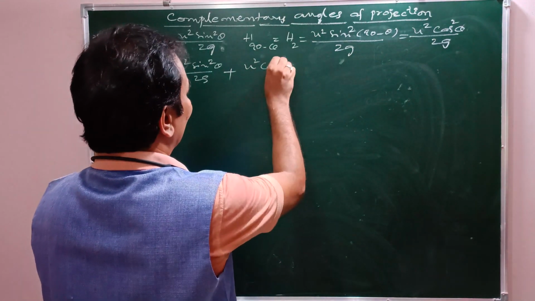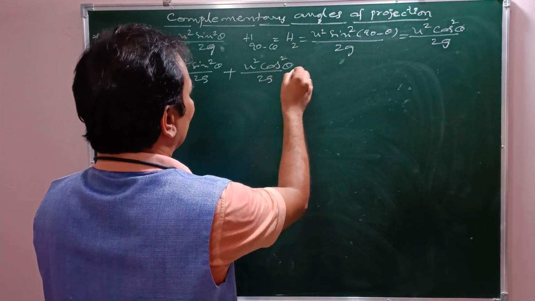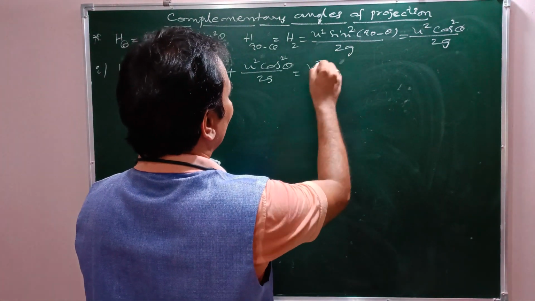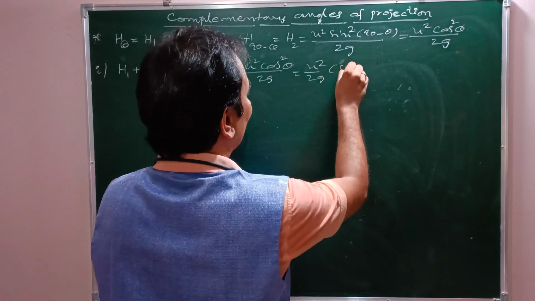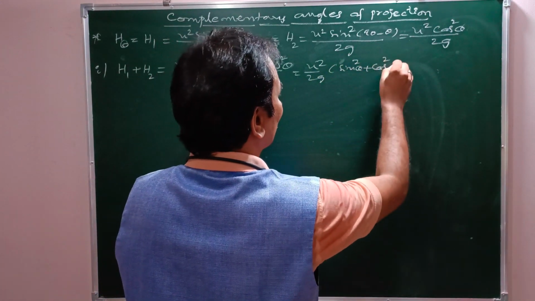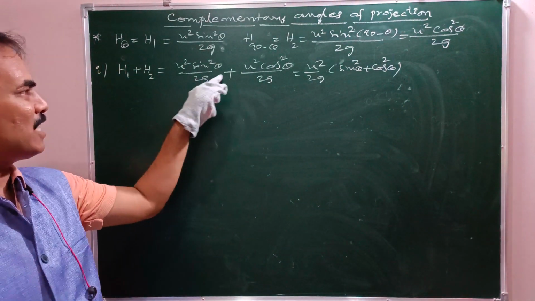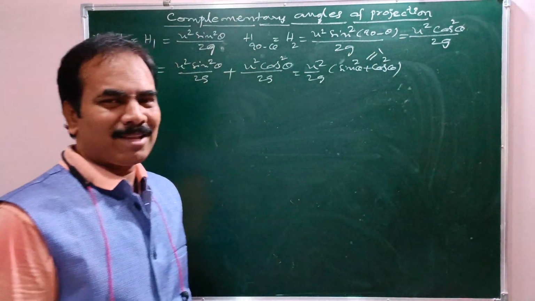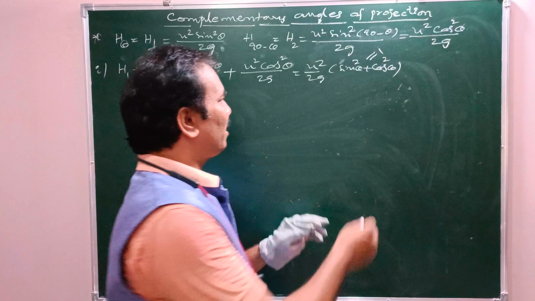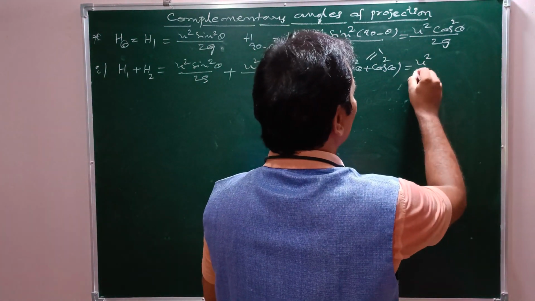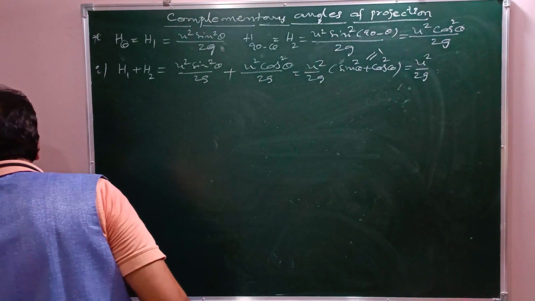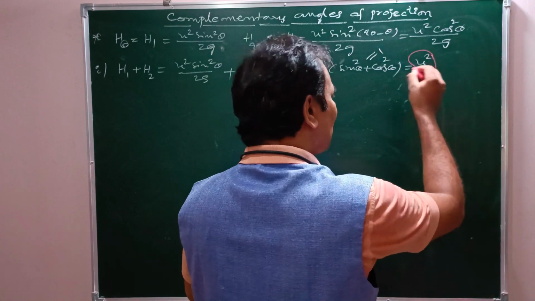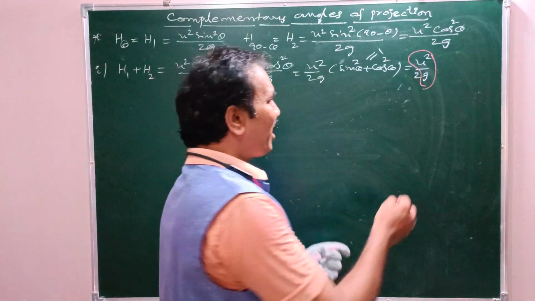Here u square by 2g is constant, so it is u square by 2g of sin square theta plus cos square theta, which is equal to 1. So you are left with u square by 2g. Now u square by g means R max. So that is R max by 2.